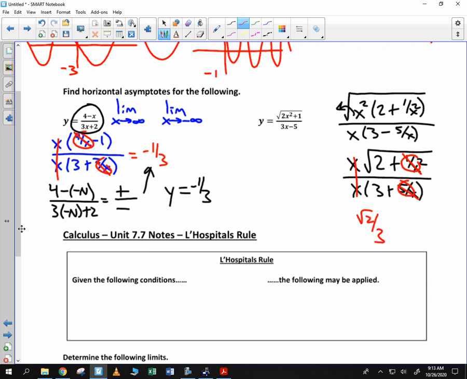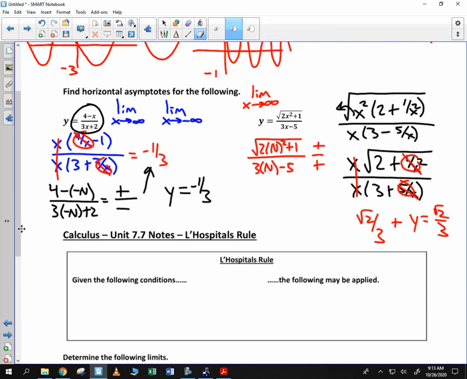But be very careful. Because if you consider this example, let's let x tend towards positive infinity. If you go towards positive infinity, hopefully you can see that if you plug in a very large positive number, you're going to get a positive on top divided by a positive on bottom, which will result in that positive. So yes, y equals the root of 2 over 3 is one of your horizontal asymptotes.